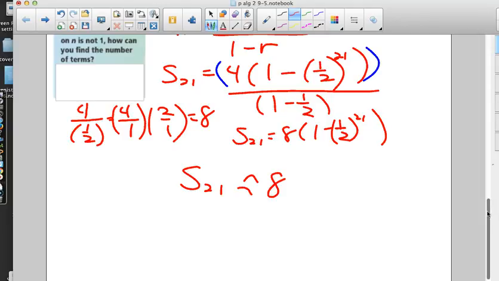Now, just to show you, if you did want to use the calculator for the whole thing, parentheses 4, parentheses 1 minus parentheses 1/2, parentheses to the 21st, parentheses, divided by parentheses 1 minus parentheses 1 divided by 2 parentheses.